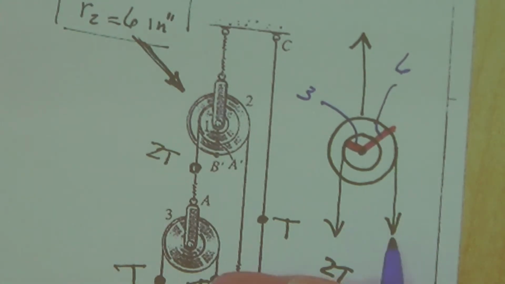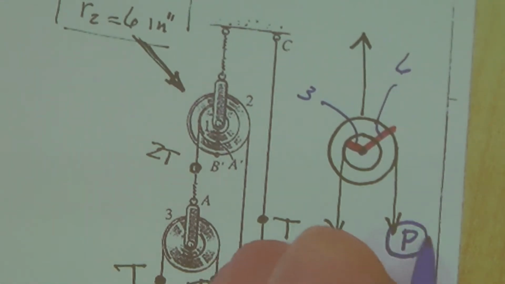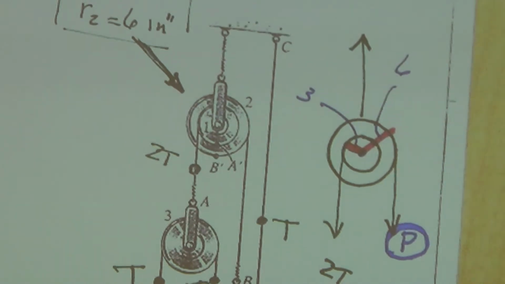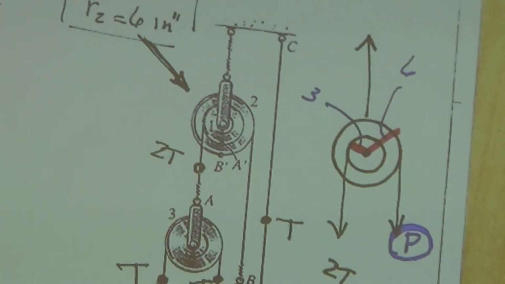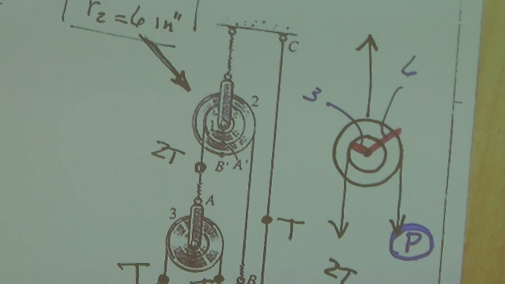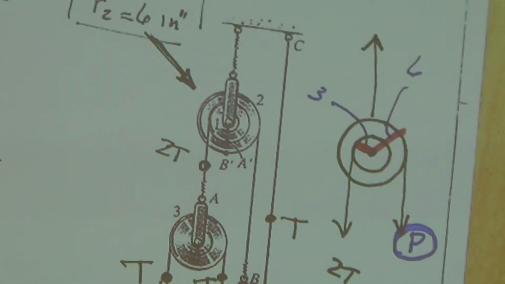And then, whatever this is, there's no P in here, let's call this P. Is everybody okay with me calling it P so we can figure out what it is? P times 6 equals 0, and P would be a negative. So that means 2T times 3 is equal to 6P. So what is P equal to? T.